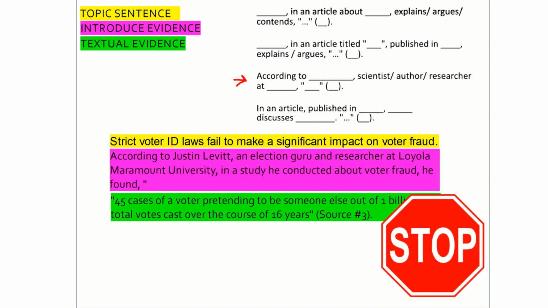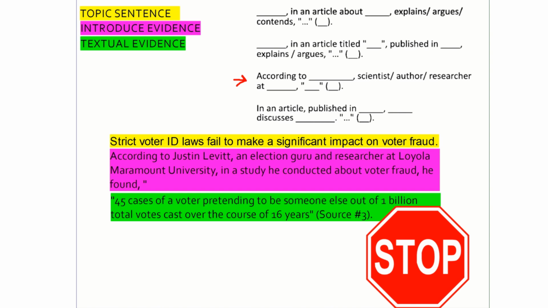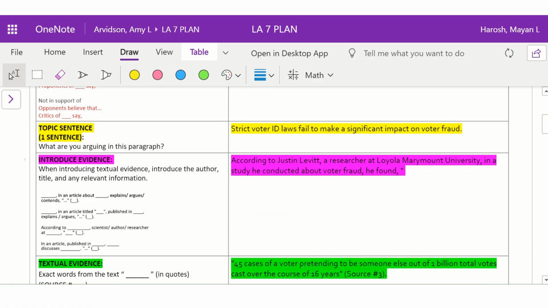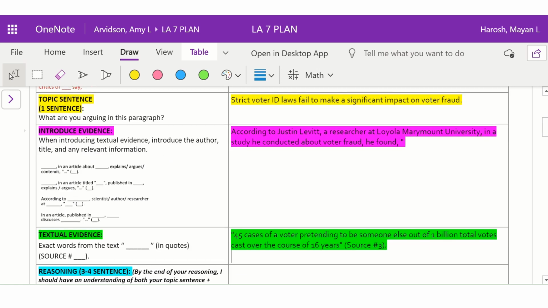Go ahead back into your notebook right now. I'm going to have you stop. Maybe go to 2.4a to do a little bit of digging to see where that evidence comes from and write that piece of evidence. Go ahead and do that. And just as a reminder, you're introducing your evidence here and writing your evidence down here in the space provided.